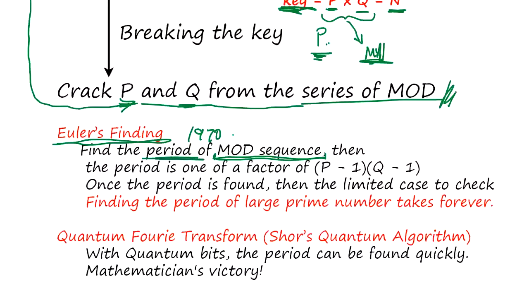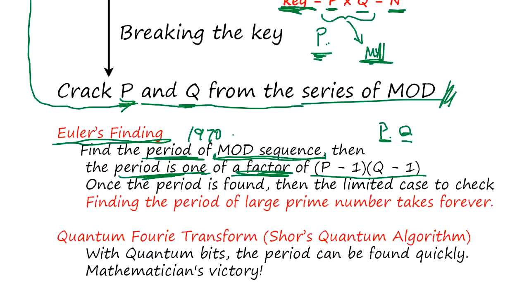There is a period of that repeating pattern, and if the prime numbers p and q are large, the period is very long. But at least he found out that the period is a factor of (p minus 1) times (q minus 1). Okay, what's good about this finding?